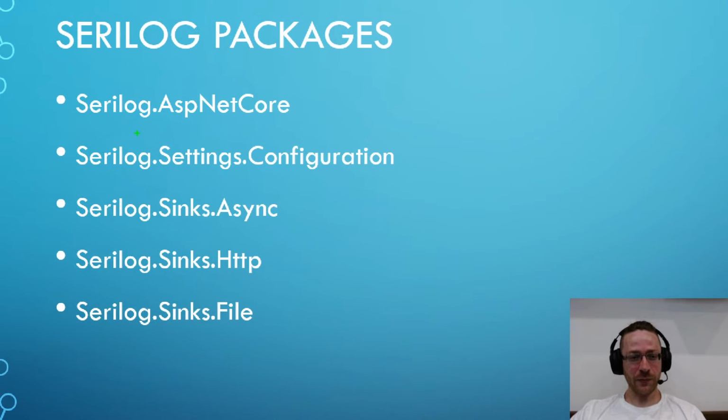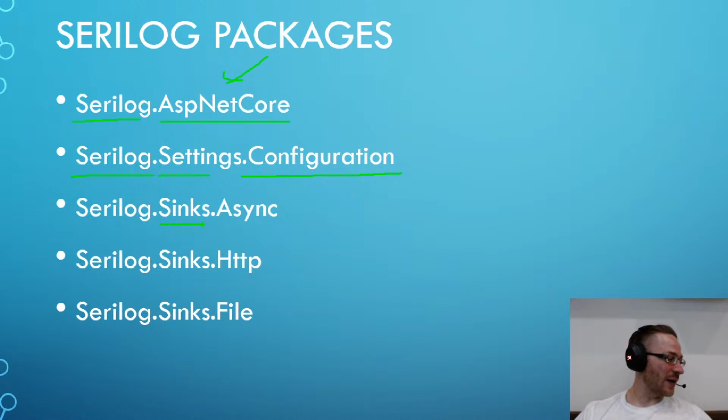So first we want to install Serilog.AspNetCore, because if we're using an ASP.NET Core application, this will be easier for integration. We need to add Serilog.Settings.Configuration for configuring Serilog, and then we can add different things for how to send logs. In Serilog terms, they're called sinks.